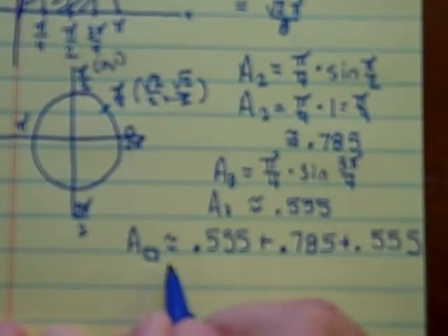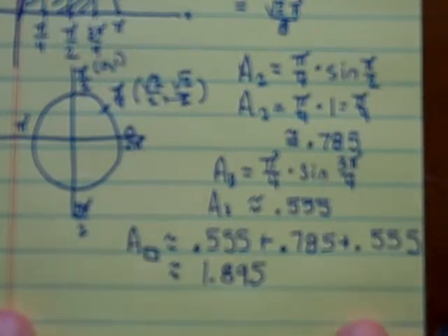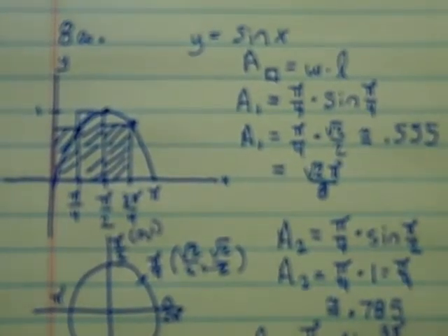When I add all of those up, I get an approximate value of 1.895. Okay, there's our approximate area under the curve from 0 to pi and bounded by the curve y equals sine x.